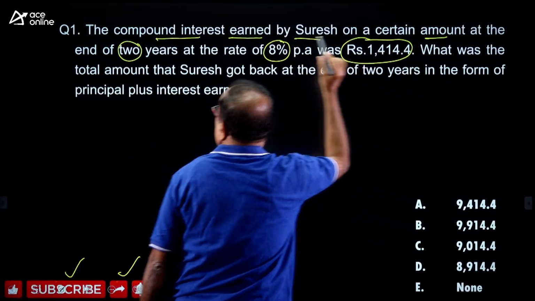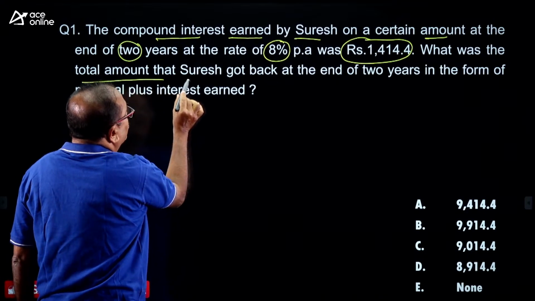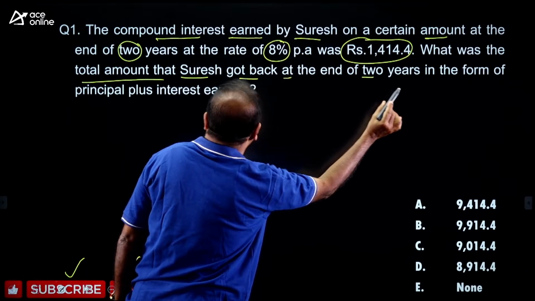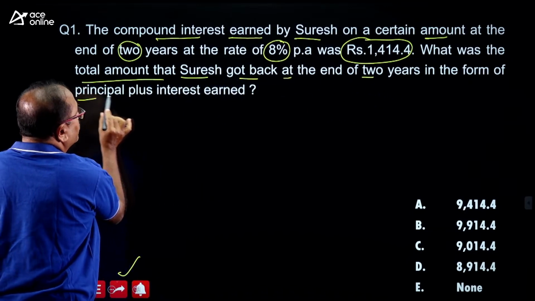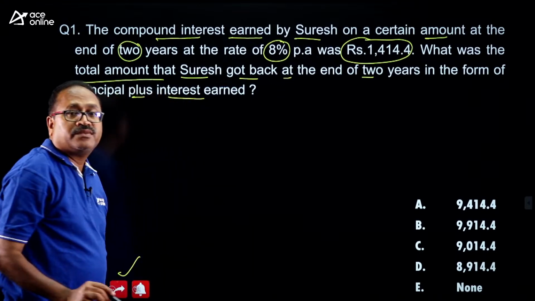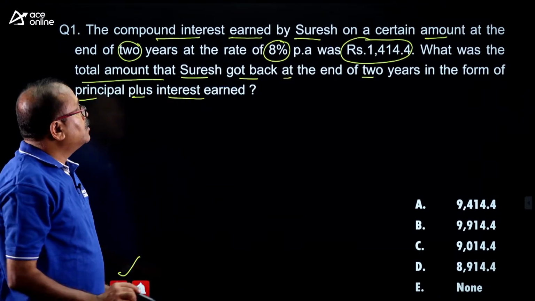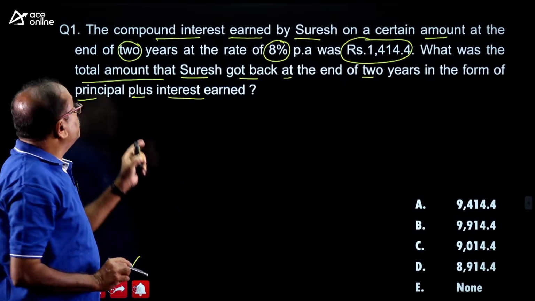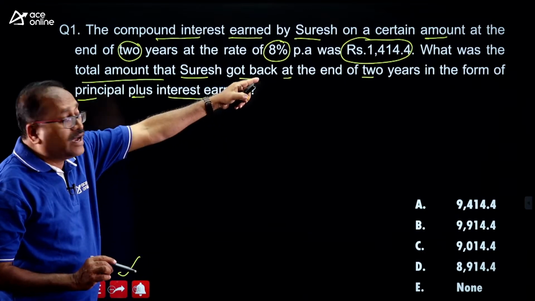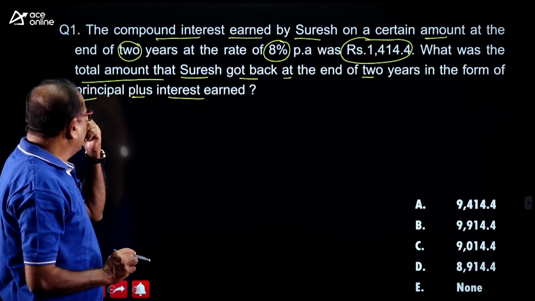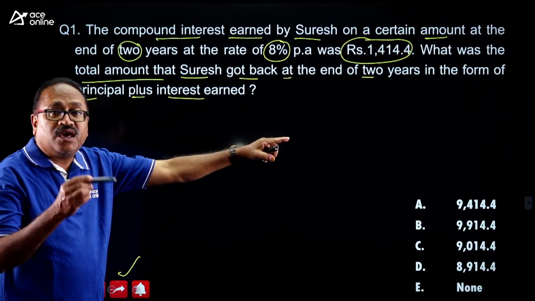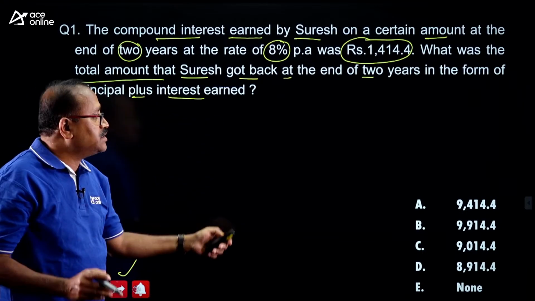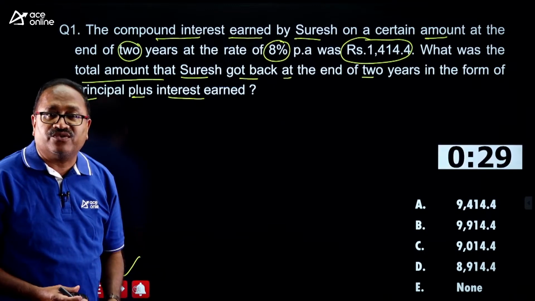So what was the total amount that Suresh got back at the end of 2 years in the form of principal plus interest? Hope the question is very clear here. It is said that it's a compound interest, rate of interest is there, time is 2 years, and we have the interest, and then it is asked how much will be the amount, that is principal plus interest. Hope you can answer this question, and your 30 seconds starts now.